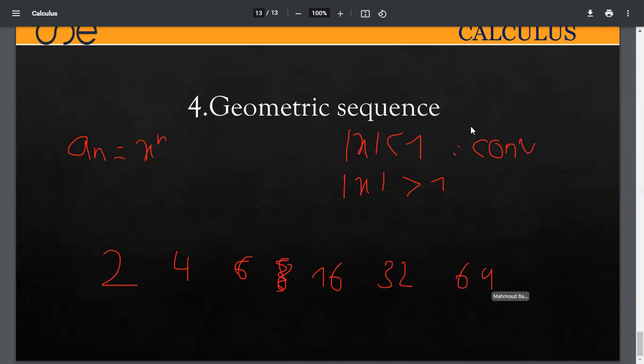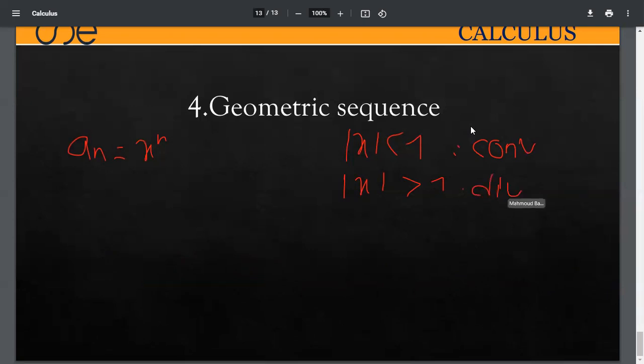You see, it keeps growing and growing till it reaches infinity. This means that in this case, the geometric sequence will diverge.